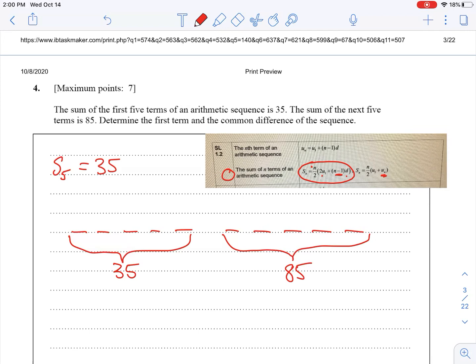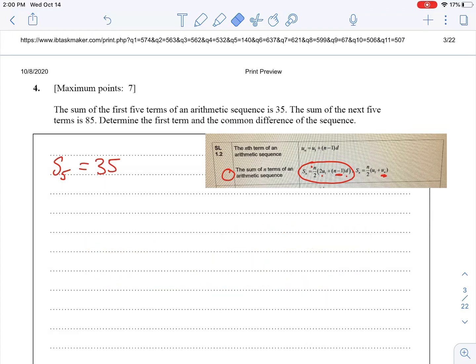Now before I do that, a very useful bit of information. If the sum of the first 5 is 35 and the sum of the next 5 is 85, I can tell that the sum of the first 10 is this plus this. So the sum of the first 10 terms is going to be 120, because I add those all together.